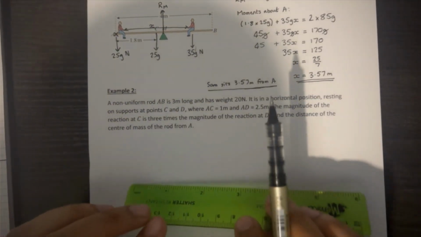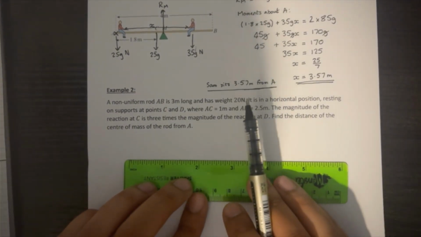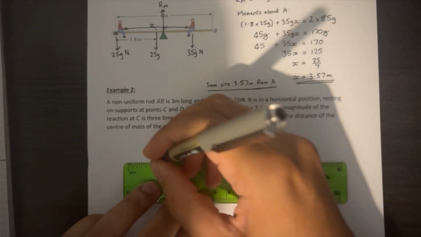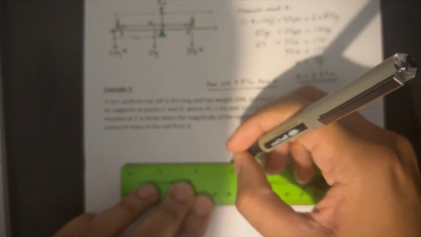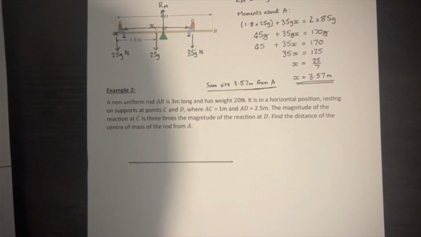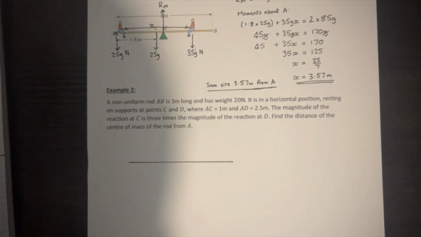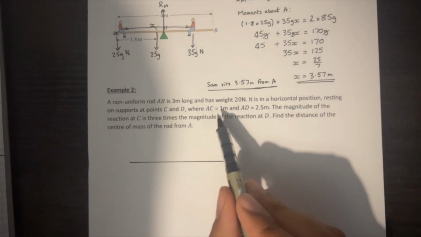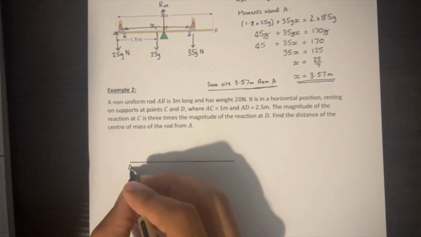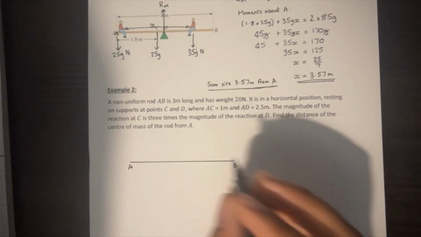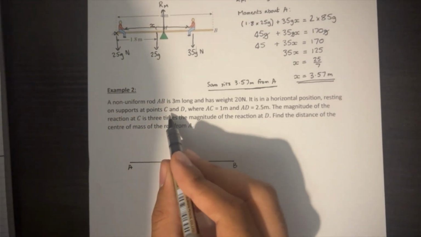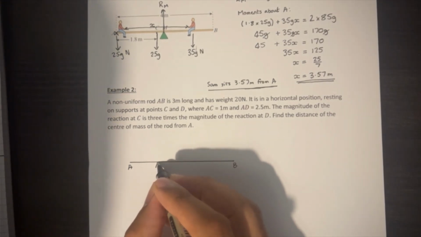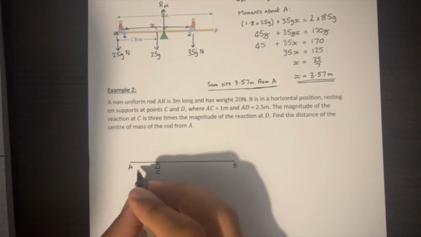So if we start with our rod of length 3 meters, we're told it has a weight 20 newtons, so we'll add that in just a moment. It's resting on supports C and D, so the rod was A, B.